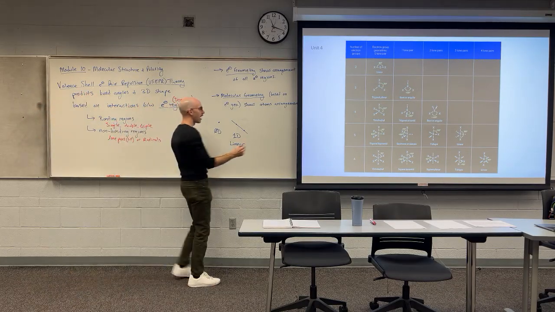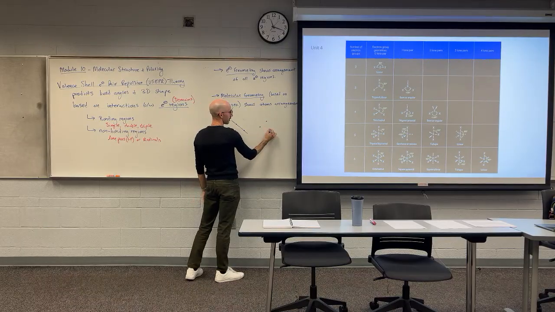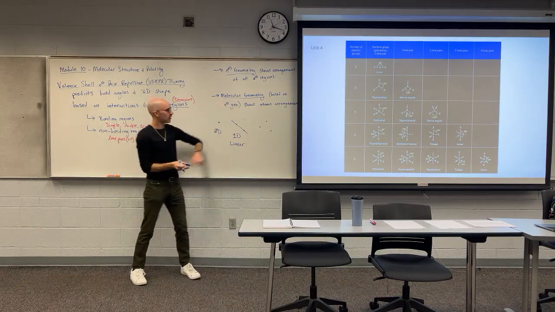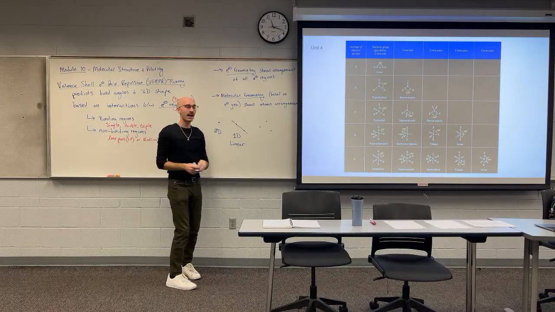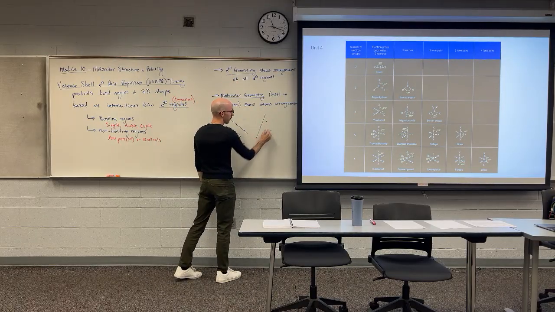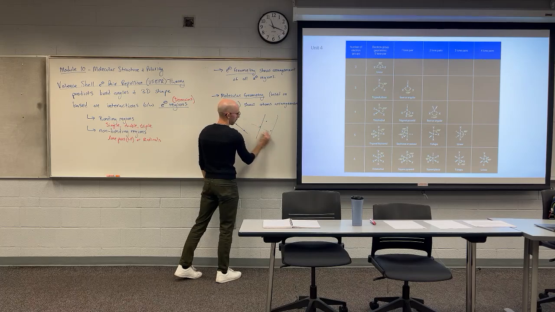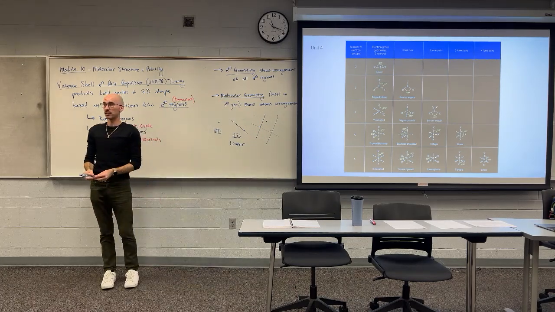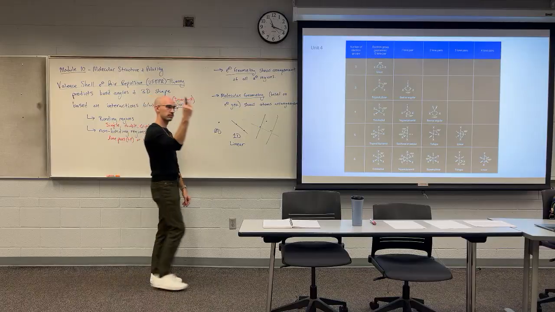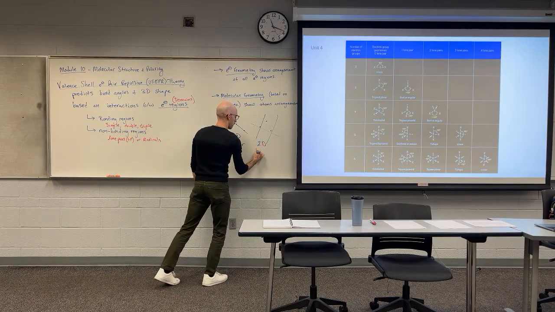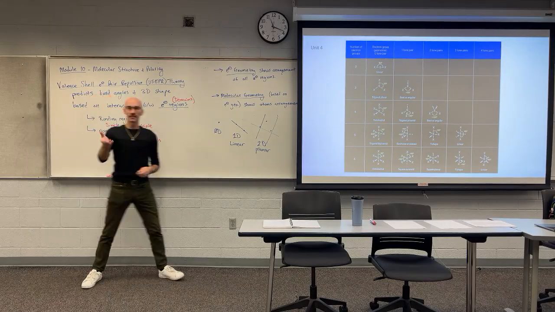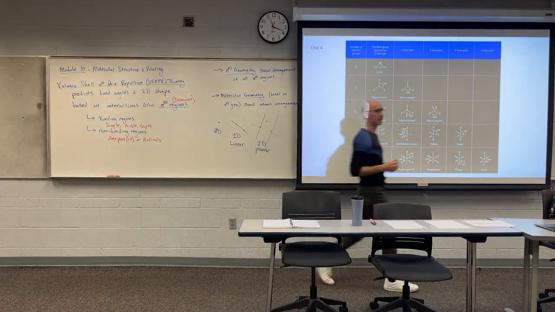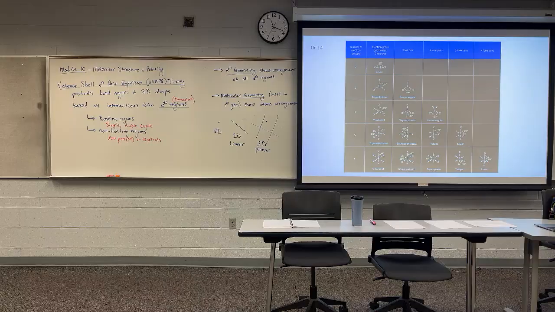If I have 3 dots, and once again, it doesn't matter how you arrange these. You could take one of these dots and put it in the middle of the room. 3 dots will always define a plane. And a plane is how many dimensions? 2. So we refer to that as planar. And this is true. Go ask your math professors, ask your math friends. 3 points define a plane.